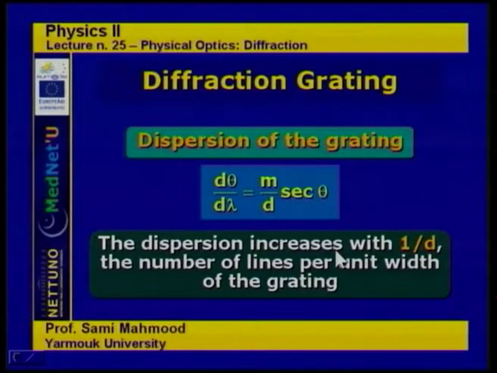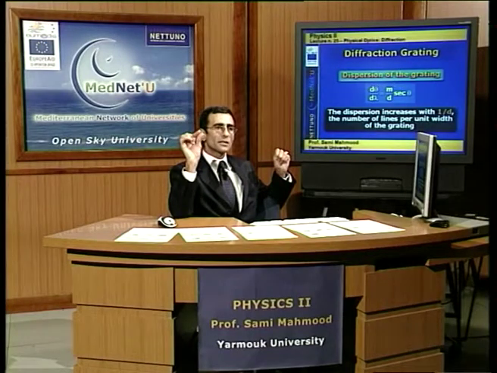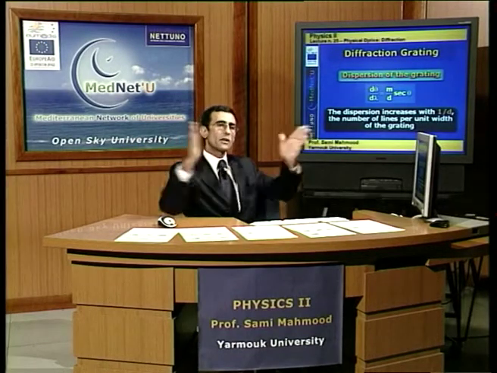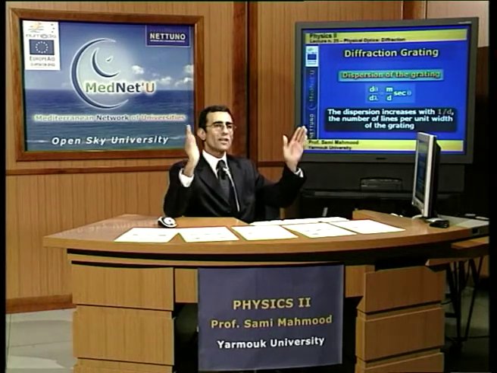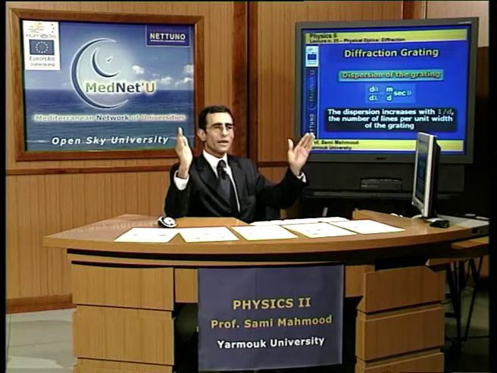The dispersion thus increases with 1 over d. The dispersion, meaning the angular distance between two different values of λ, gets larger as d gets smaller. So if we have these slits closer and closer to each other, they can resolve the different wavelengths better.